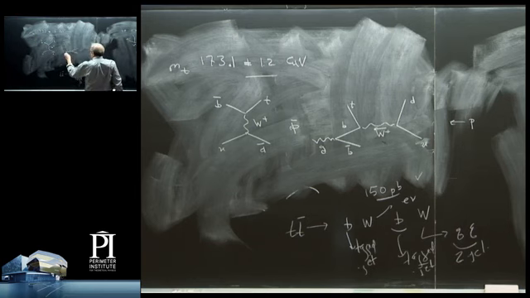If I have a gluon from the initial state, it can split into b b-bar. And now a quark can scatter that b b-bar into a top quark by the exchange of a W in this channel.